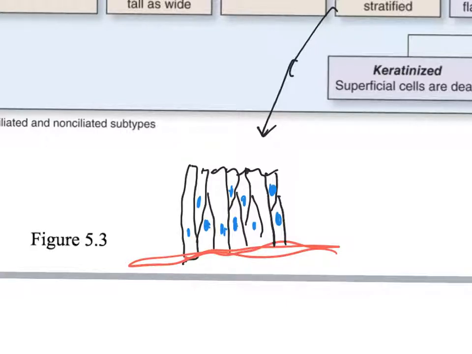They look stratified, but really, as you can see here, I'll do it in green, this cell is extending from the apical surface to the basement membrane. So there's really only one layer of cells. Because of the way they're kind of intertwined, they look like they could be stratified. That is pseudo-stratified epithelial tissue.